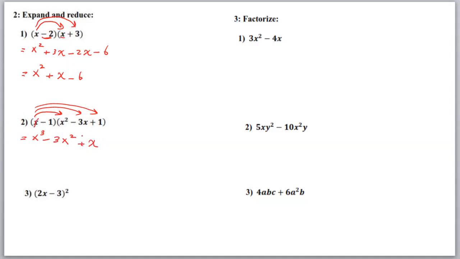So the first one is finished. The next one, minus 1 times x squared is minus x squared. Minus 1 times minus 3x, it is plus 3x. Then minus 1 times 1, it is minus 1. Okay? And then collect the like terms. So start with the highest power, x cubed. There's no other x cubed here, so just rewrite it.